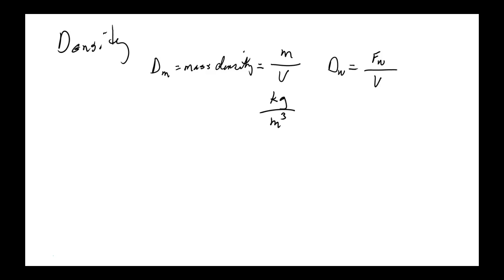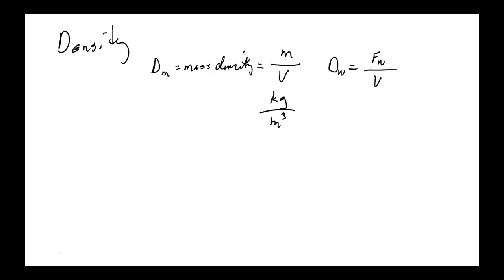This would be 1 meter by 1 meter by 1 meter. Okay, that's 1 cubic meter, and that would be, if it's a gram per cubic centimeter, the mass density of water, 1 gram per cubic centimeter.